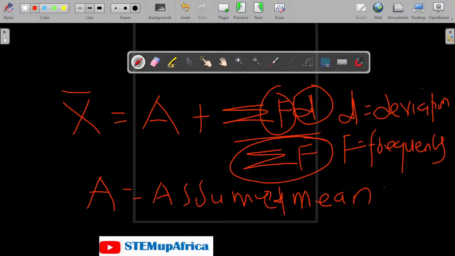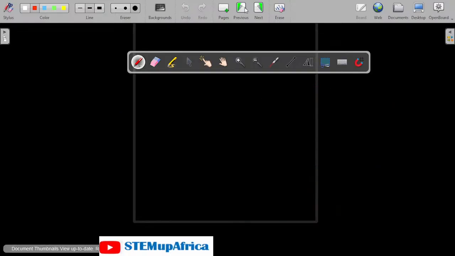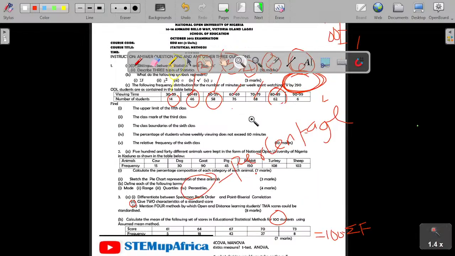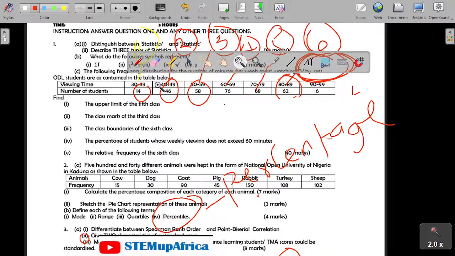All the calculations we've been doing require formulas. So we are asked to find the mean using an assumed mean.